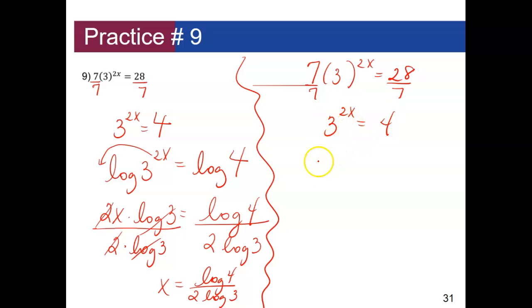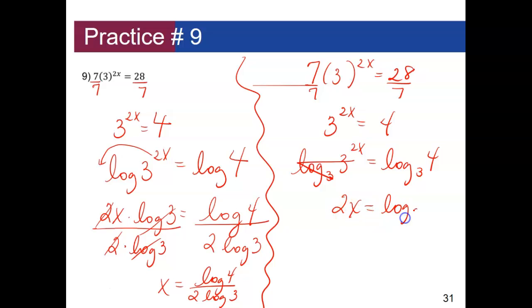Because this has a base of 3, I'm going to take log base 3 of both sides. By their properties, all of that cancels, and we're left with 2x equals log base 3 of 4. Divide by 2. And so x is going to be log base 3 of 4 divided by 2.